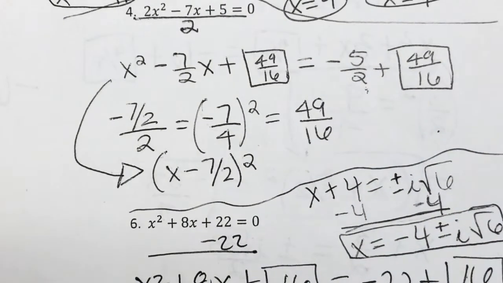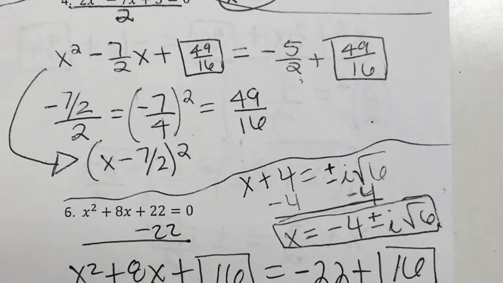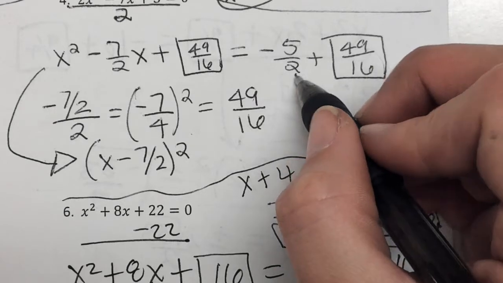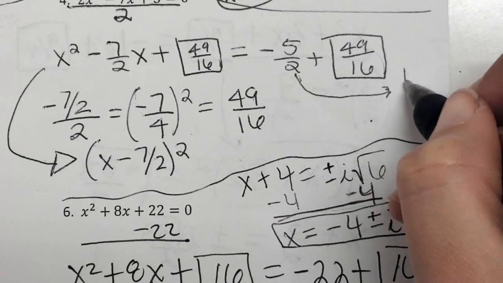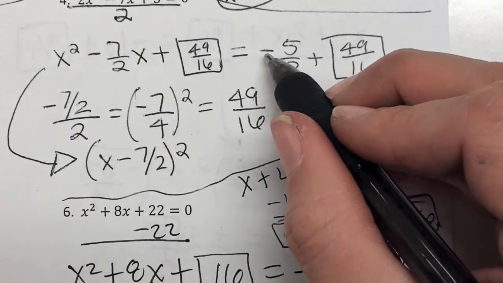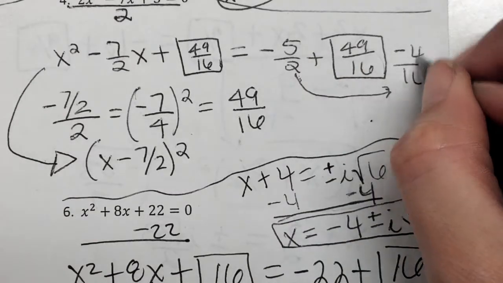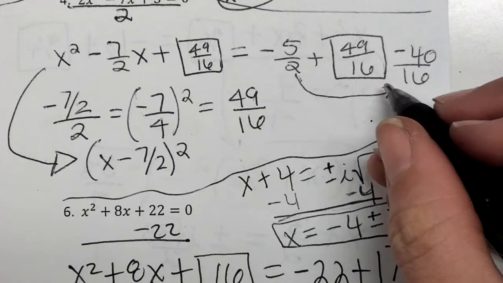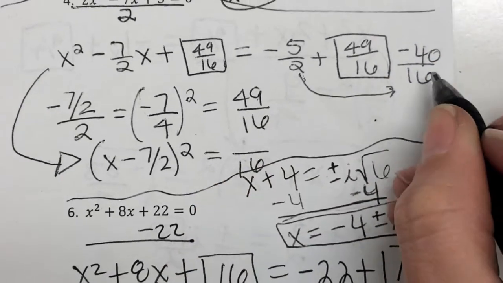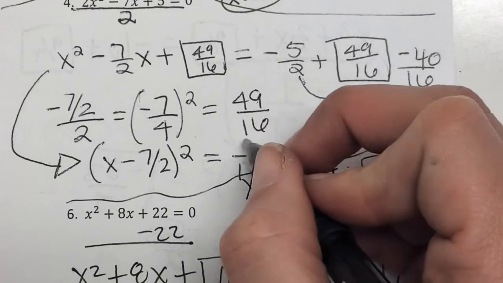Common denominator, which will be what? 16. Good. So do I need to change this one? I need to change this one to a 16, which means I'll have to multiply that 2 by what? So what's the top multiplied by 8? Good. Does the bottom change? Nope. What's the top going to be? 9.